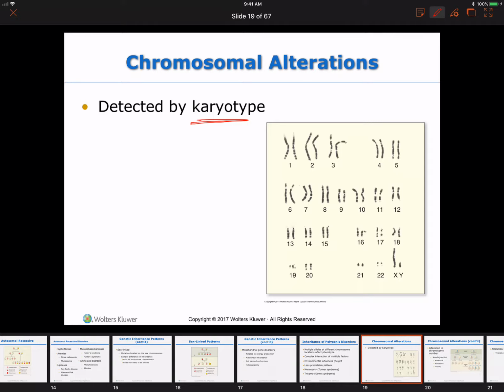So you see the 2 copies of chromosome 1, 2, 3, all the way to 20, 21, 22, and then there is an X and there is a Y. So this particular karyotype is from a genetic male. How do I know? Because there is an X and a Y chromosome. If there were 2 X's, like this, then it would have been a female individual.